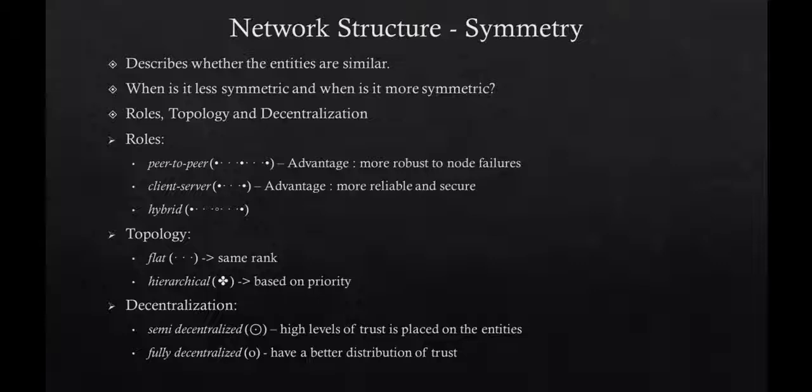Advantage: more reliable and secure, as the nodes are not run by the end users. Client software is run by the end user, which has a low cost in terms of resources. Hybrid: end users may or may not use it; hybrid can operate as peer-to-peer or client-server.